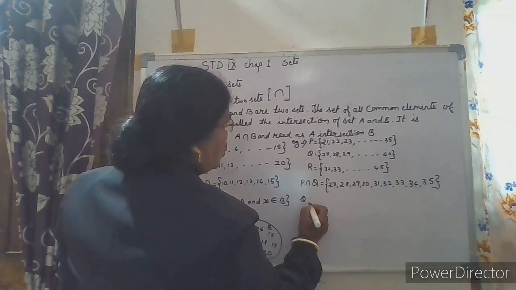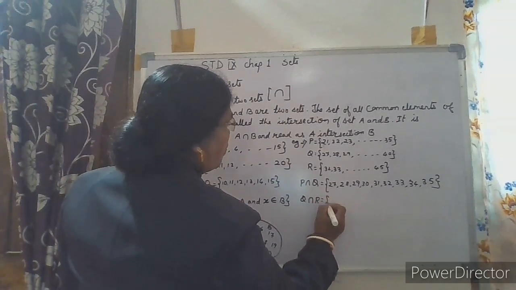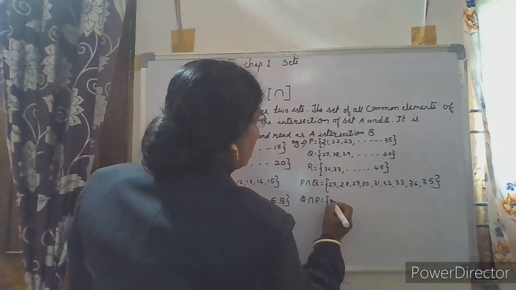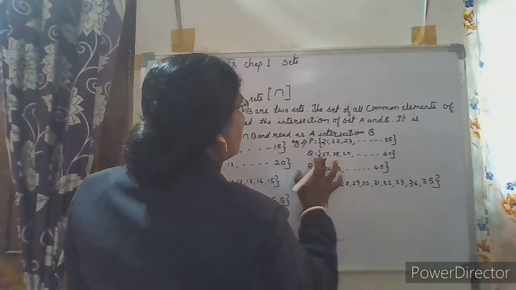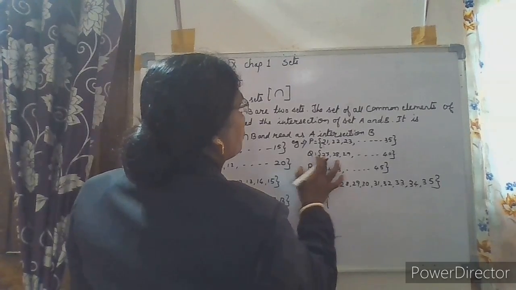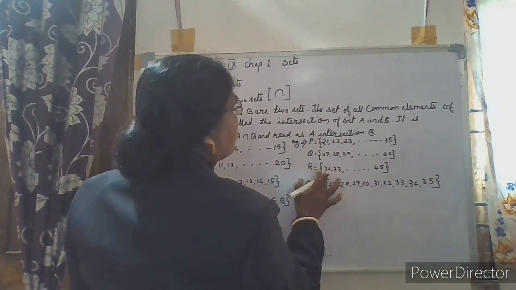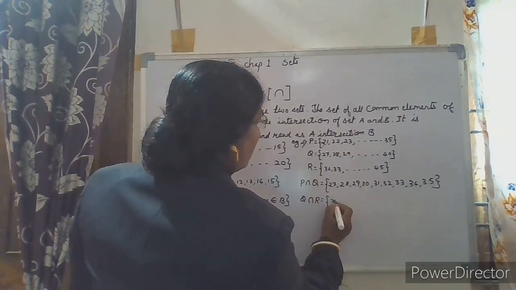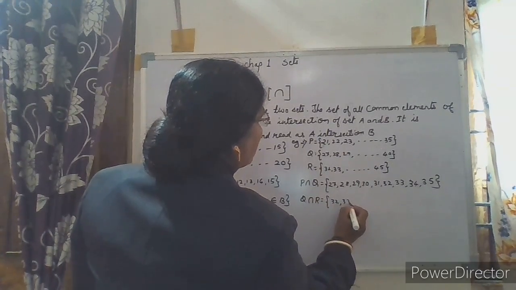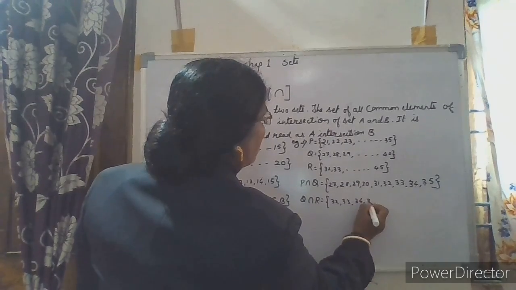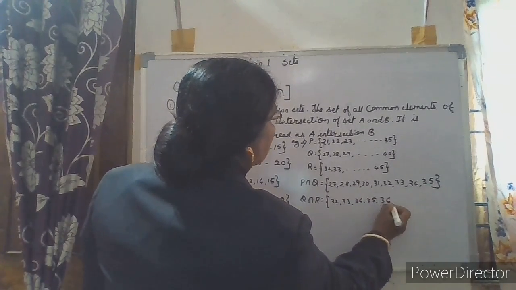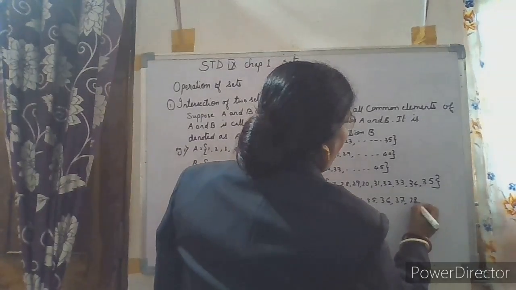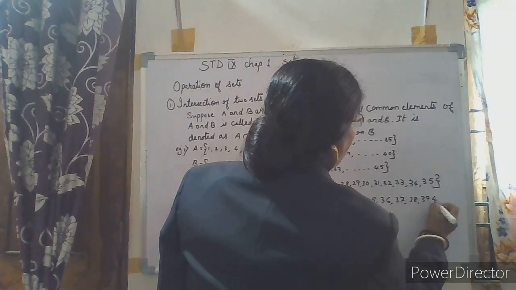Then Q intersection R. Let us see Q intersection R. That is Q and R. Q is containing the elements as from 27 to 40. And R is containing the elements from 32 to 45. So 32 is common, 33, 34, 35, 36, 37, 38, 39, 40.